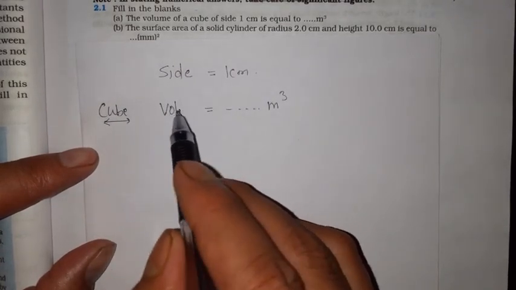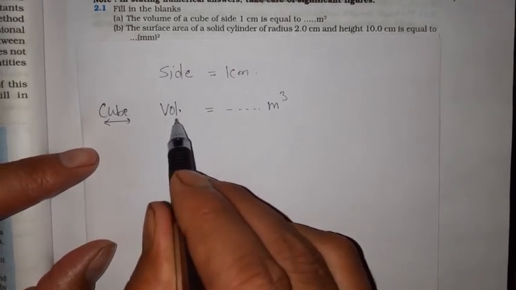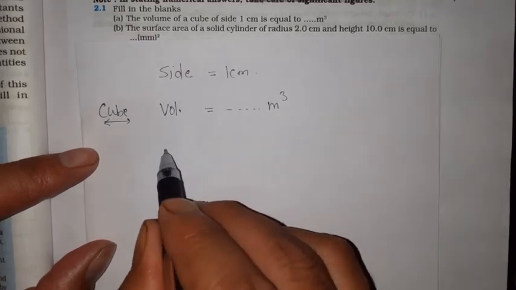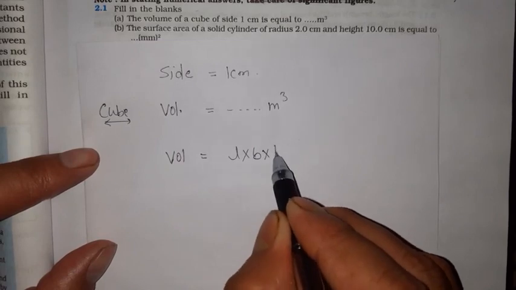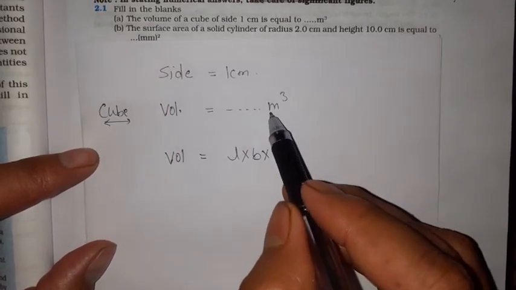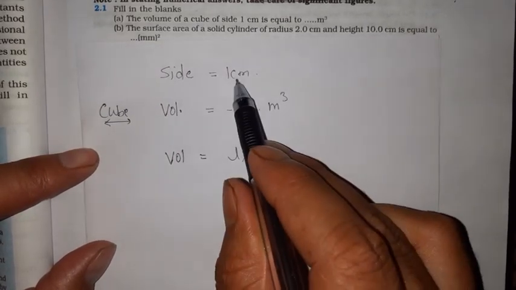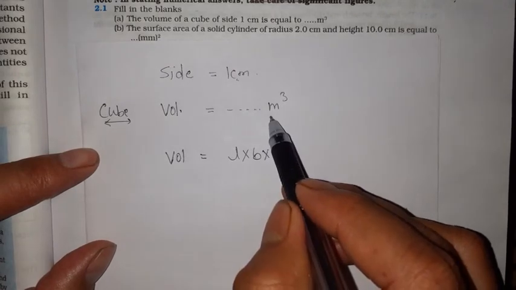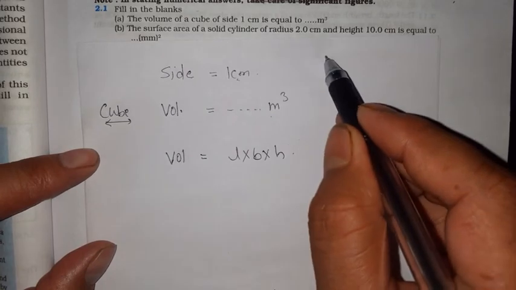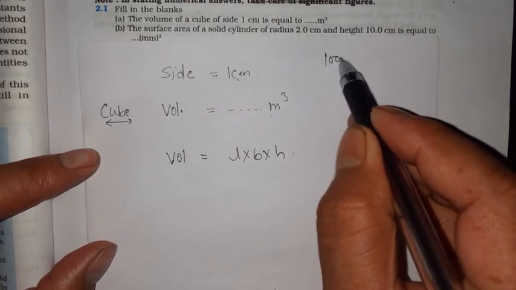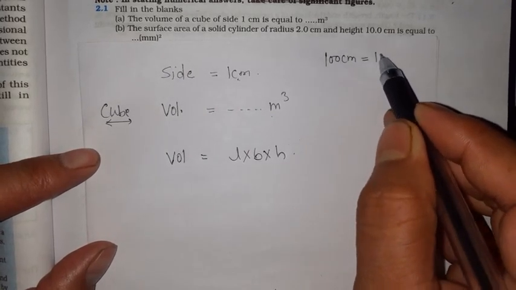So its volume is equal to length into breadth into height, and our demand is to convert centimeter to meter. We have to look here that 100 centimeter makes 1 meter.